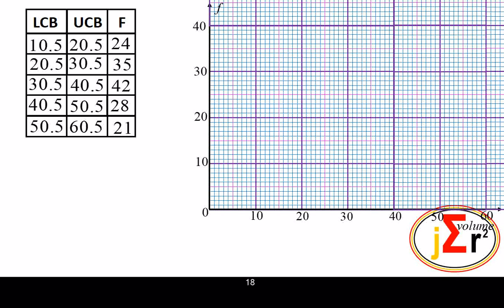So those measures will be on the horizontal axis. For example, we have 10.5 and 20.5. Where will we find 10.5 and 20.5? They are in relation to the volume of petrol. Therefore, they will be located on the horizontal axis. So 10.5 will be right here. 20.5 will be right here.